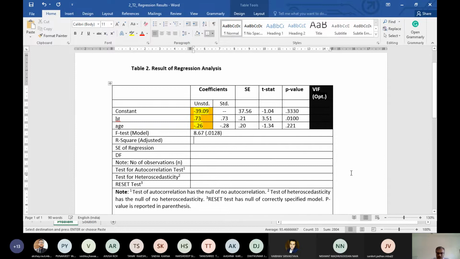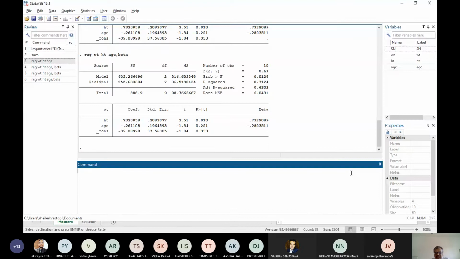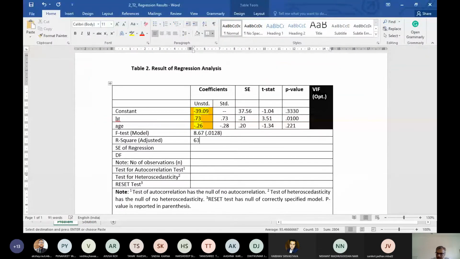R square we need to report. R square value was how much? It was 63.02, 63.02, or if you want to report both, we can report both also. Because I've written adjusted, you can survive with the adjusted R square.